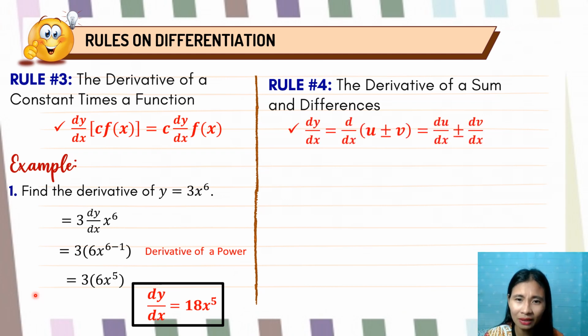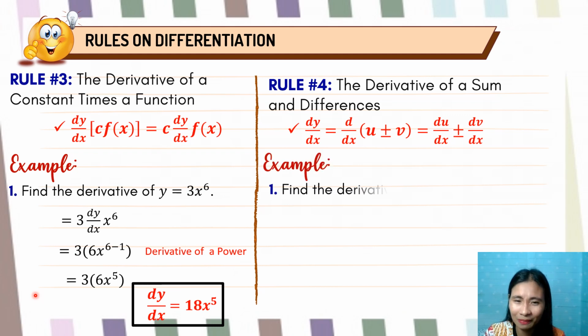That would be dy over dx is equal to d over dx times the quantity of u plus minus v, and that is equal to du over dx plus minus dv over dx. The equation may look complicated, but by the time that we are going to apply that one in solving for the derivative, promise, it's just easy.